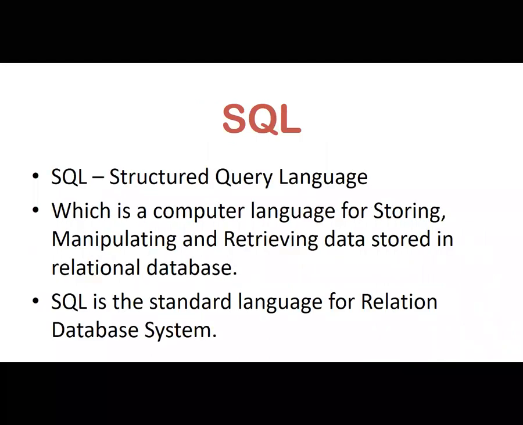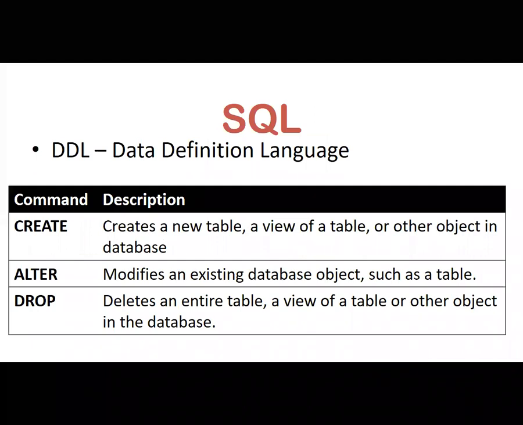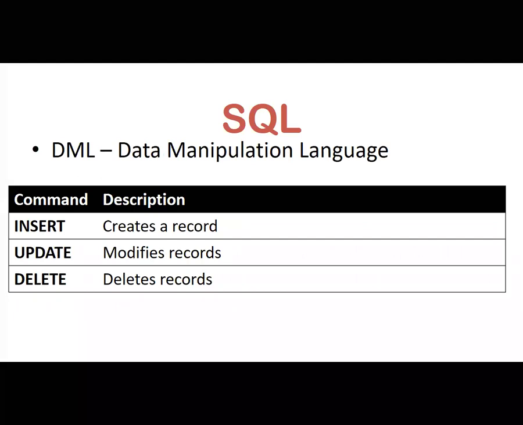SQL is called Structured Query Language, a computer language for storing, manipulating, and retrieving data stored in a relational database. SQL is the standard language for relational database systems. In SQL we have Data Definition Language, DDL, with the commands create, alter, drop. We have DML, Data Manipulation Language: insert, update, delete.